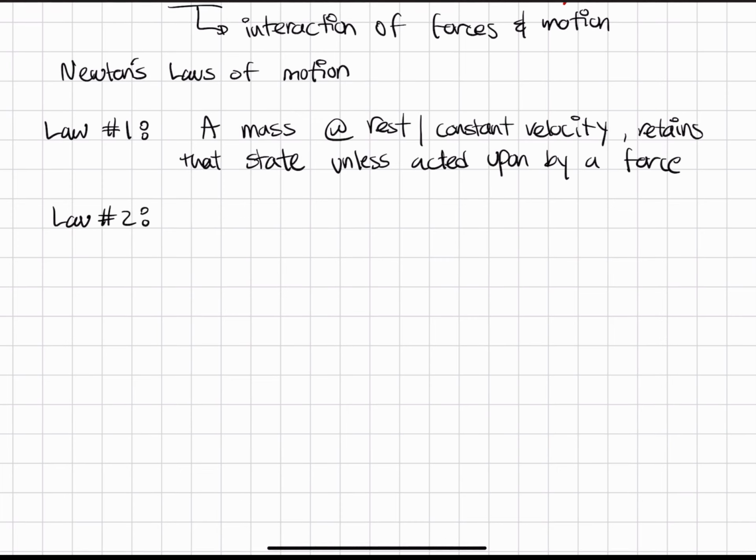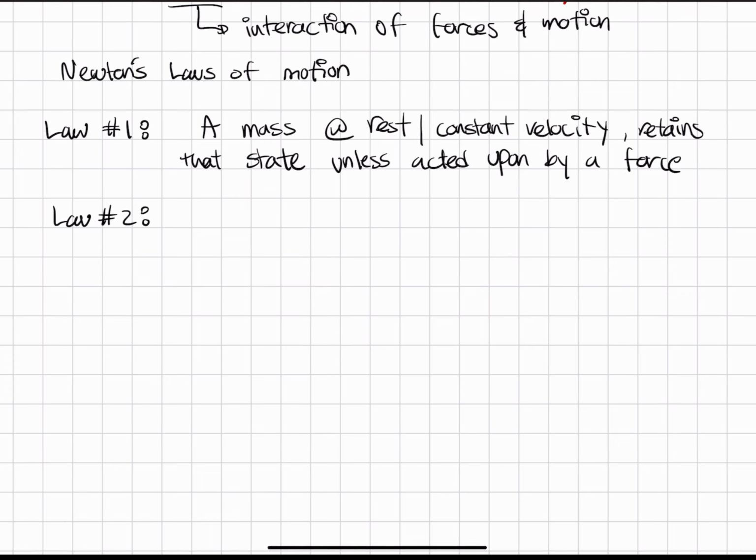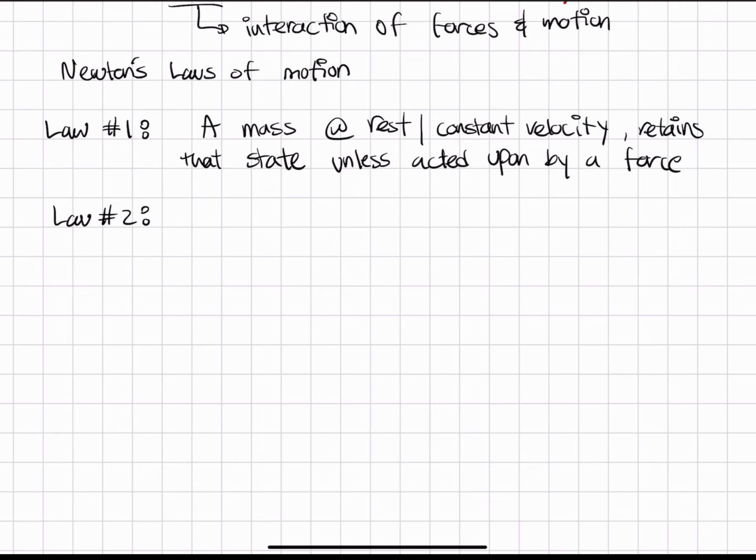Law number 2 of Newton says that force is equal to mass times acceleration. This is a little bit confusing because the force here is not just the force that mass times acceleration is producing. It's not what we commonly call inertia. It's rather the sum of all the forces acting on a mass equal its mass times acceleration. So it's better to think about it that way.